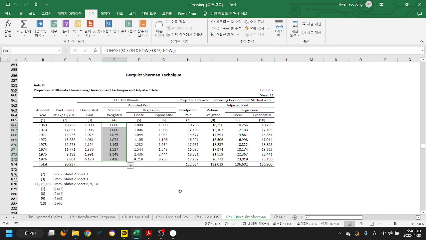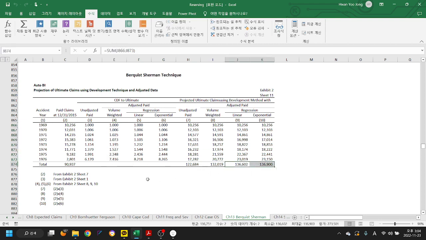And there is a loss development factor. And upon that, we have the ultimate claims development numbers, all based on unadjusted and adjusted volume weighted average and linear regression and exponential regression. And you can see all the difference.